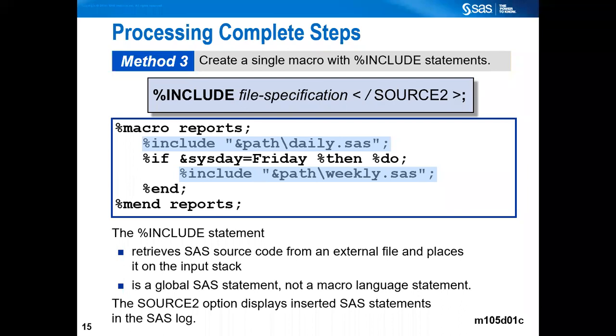It's simple. You can give the path where you have code written, and this will directly copy the code into the input stack to execute your macro program. Very simple. For example, what it's showing here is &path daily.sas.